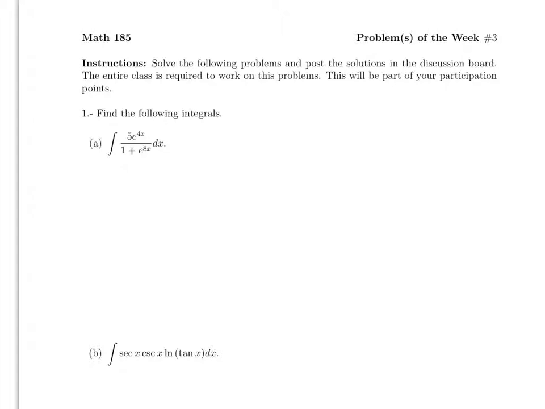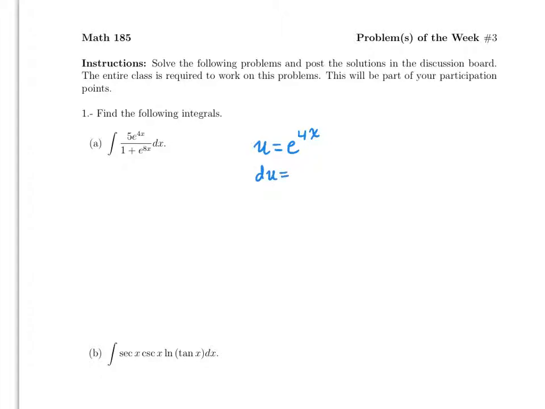Question number 1. This is a question that you probably saw in Calculus 1, and the method needed is just substitution. You just have to make sure you have the right substitution. So here, let's start and assume u is equal to e to the 4x.